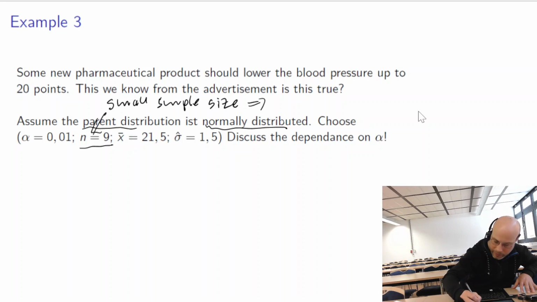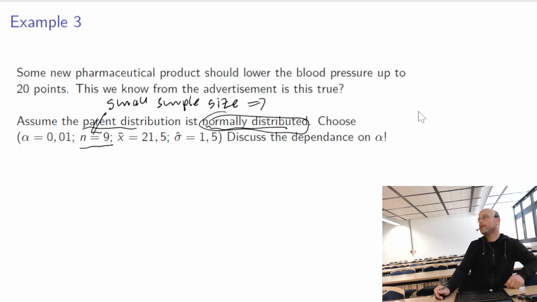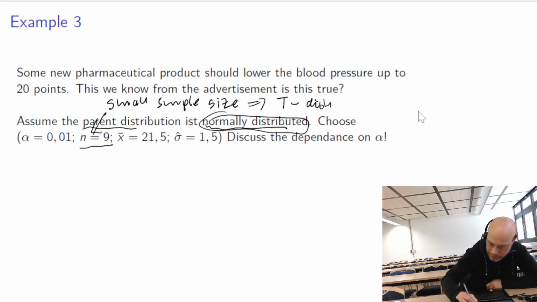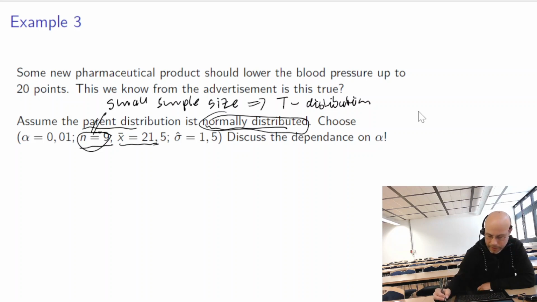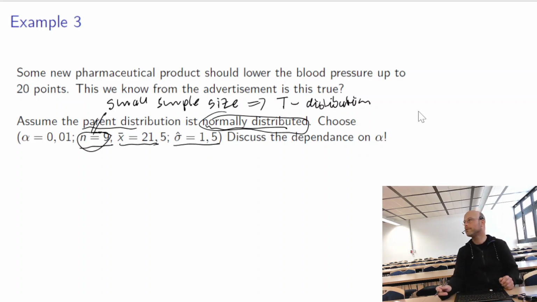This means, together with the assumption that the parent distribution is normally distributed, that we have to use the t distribution, and we have from our random sample n equals 9, x bar is 21, and sigma hat is 1.5.